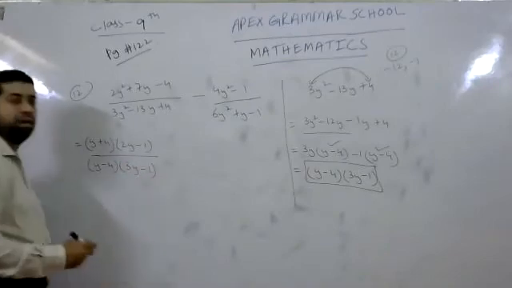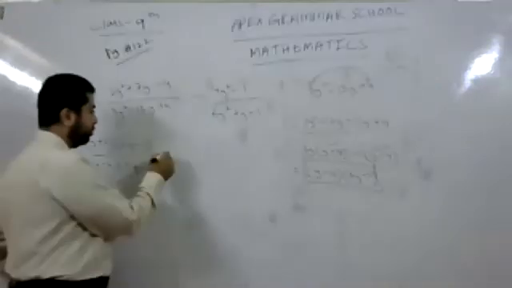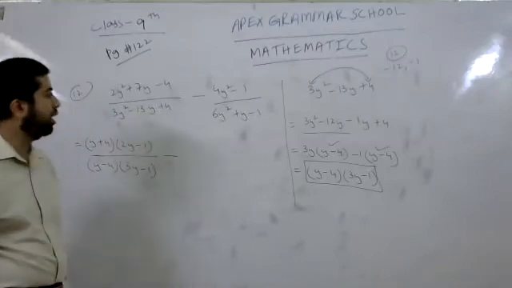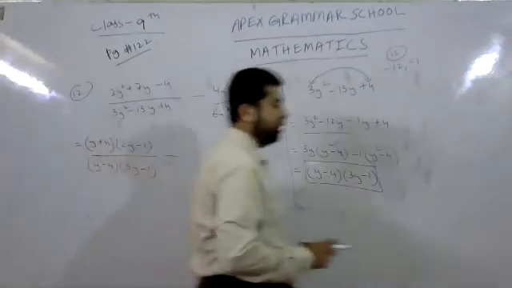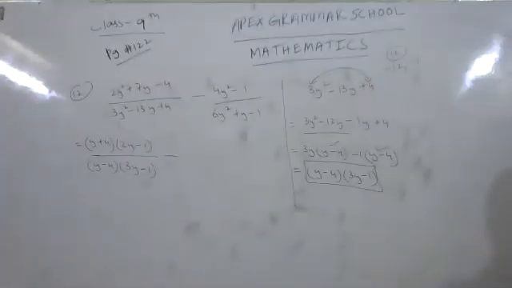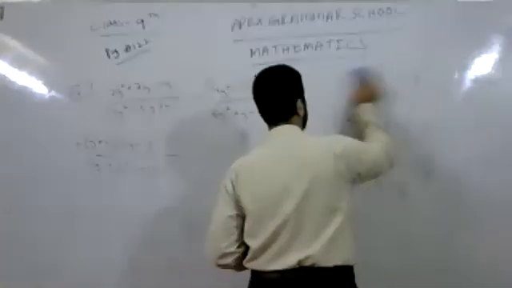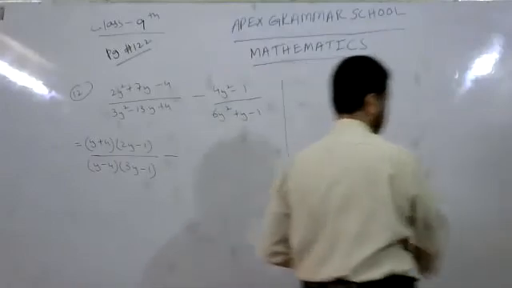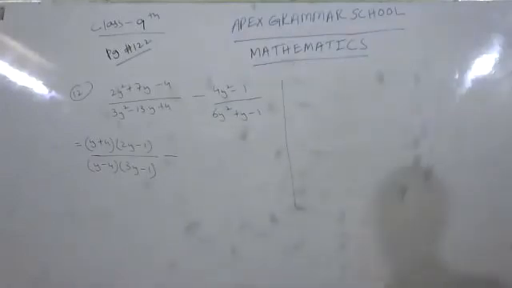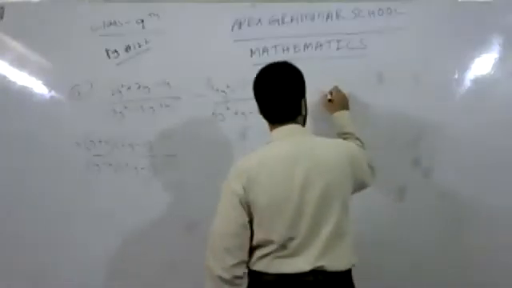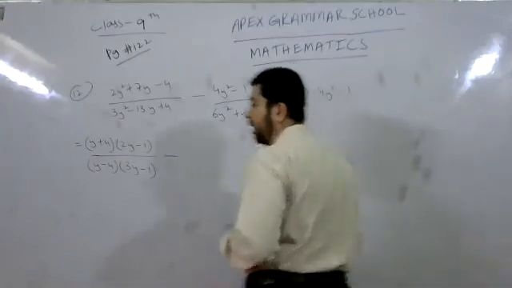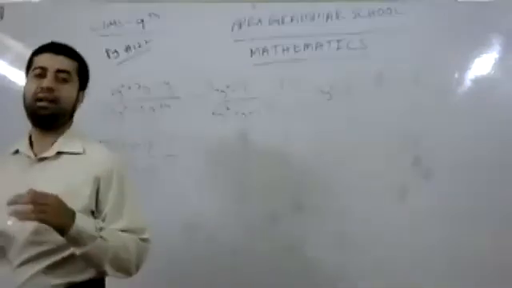After that, apply the divide sign here, and this is 4y square minus 1. Now its factorization. You can see that between two squares there is a negative sign.